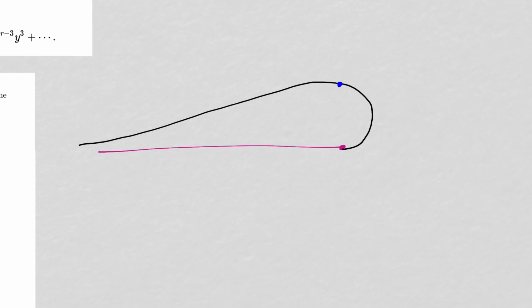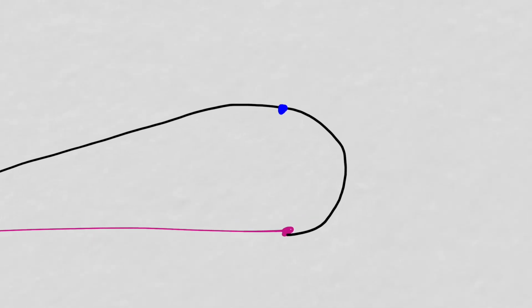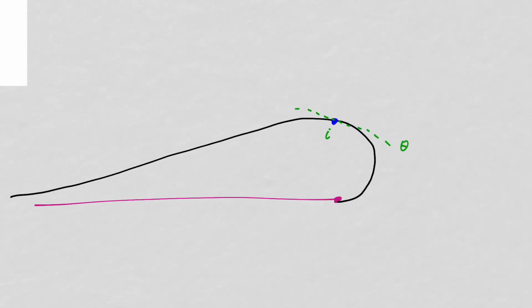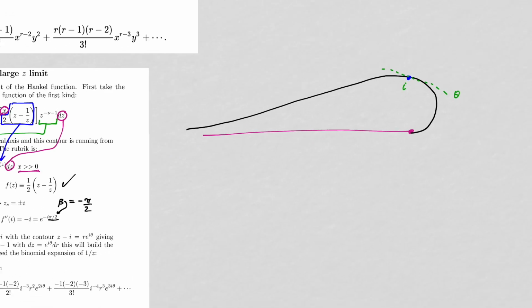And our question is, what angle do we take through i, right? That's the point i. And that angle will be theta, right? We don't know immediately what that angle is, but we have our method.